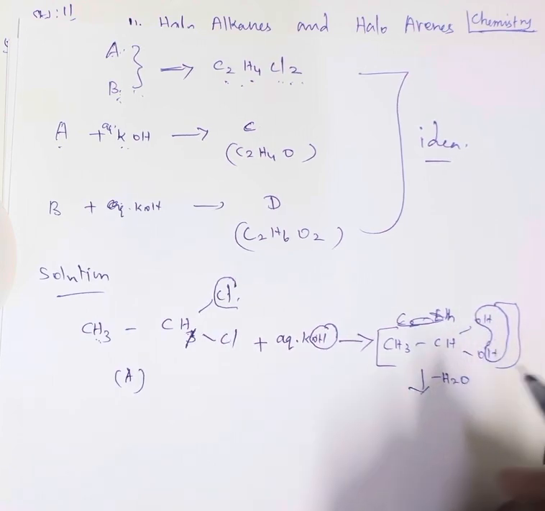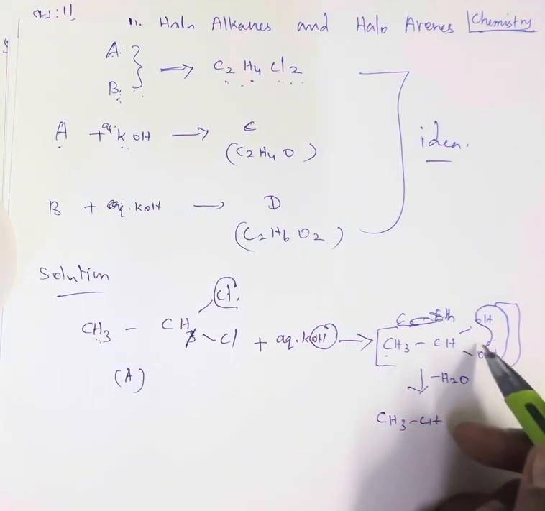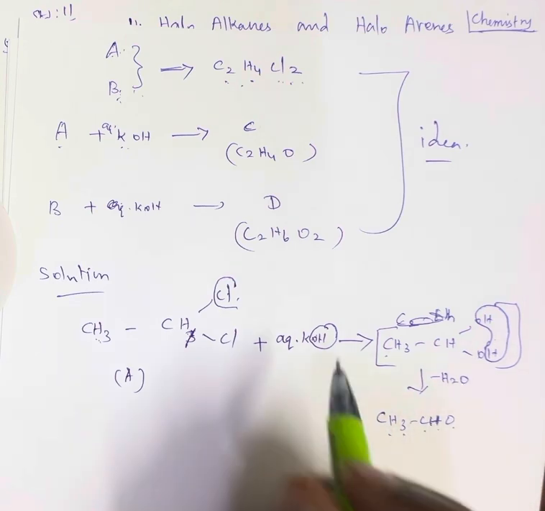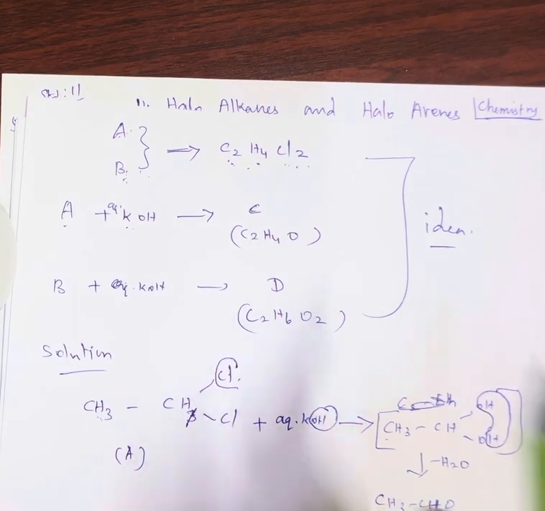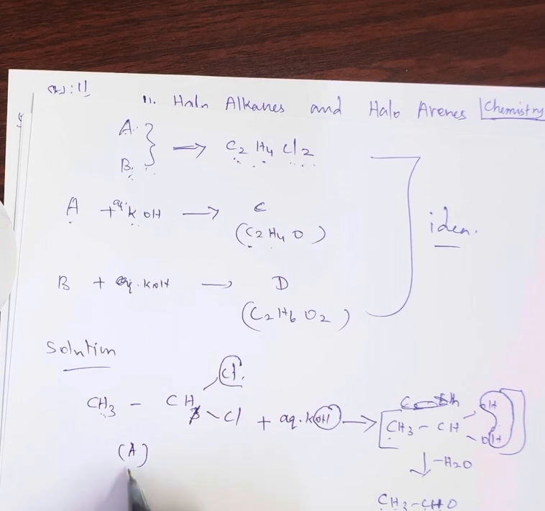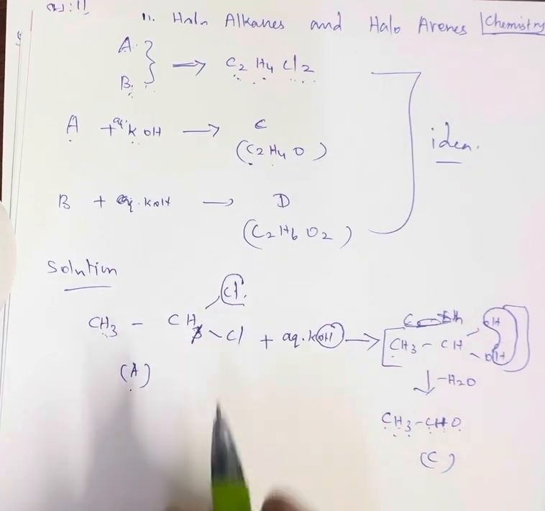So what is the balance? CH3, CHO. From the clue, this is C, C2H4O. You count it: 1, 2, C, H4O. So C is identified.